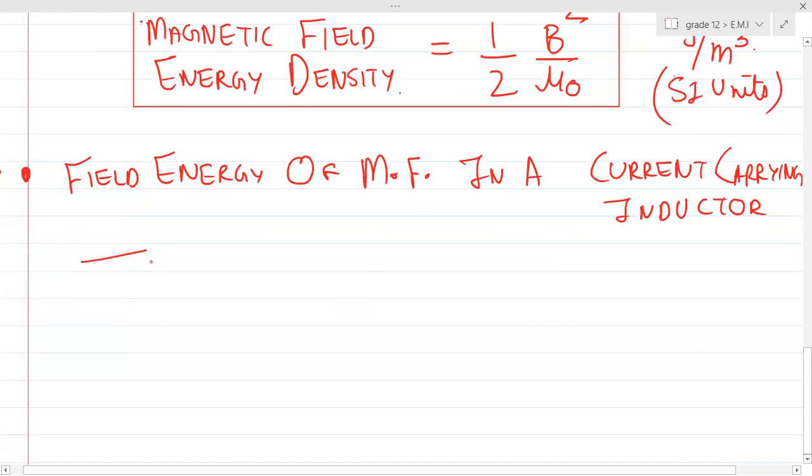So suppose guys there is an inductor through which the current flowing is I.